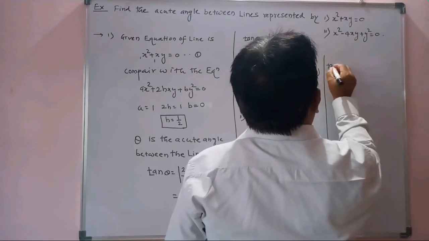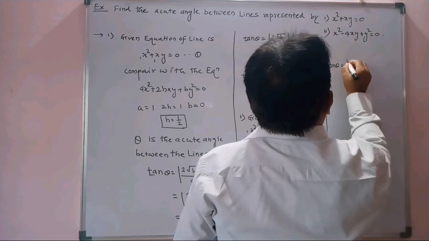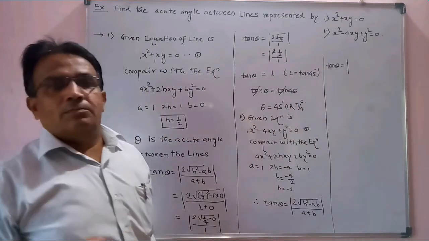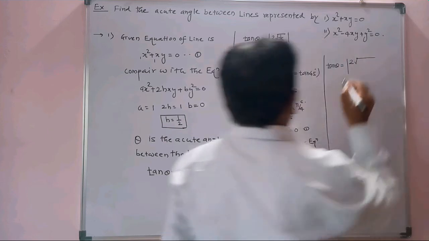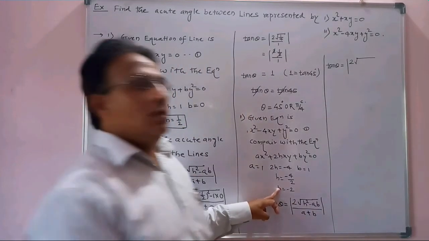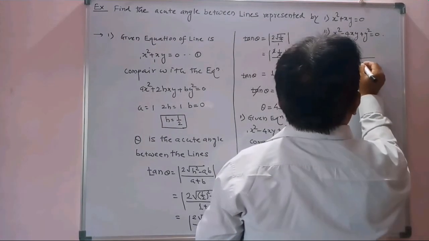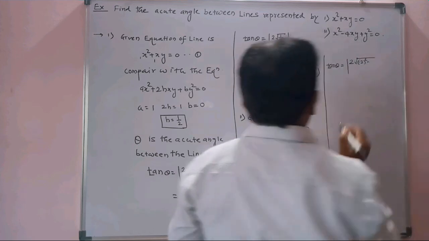Therefore, tan theta equal to mod of 2 into root, h square means (minus 2) square, minus a into b.